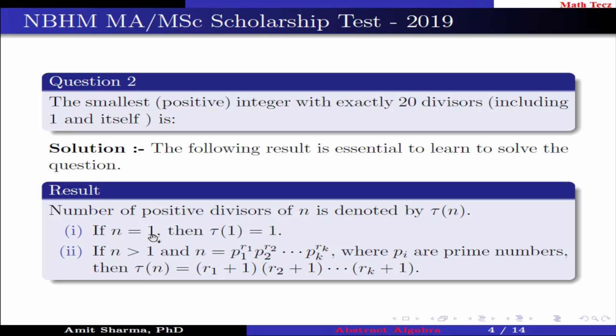If n equals 1, then tau of 1 equals 1. If n is greater than 1 and n is of the form p1 to the power r1, p2 to the power r2, and so on, pk to the power rk, where the pi are prime numbers, then tau of n equals (r1 plus 1) times (r2 plus 1) and so on, (rk plus 1).